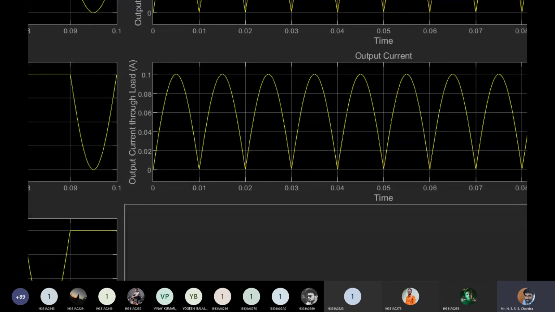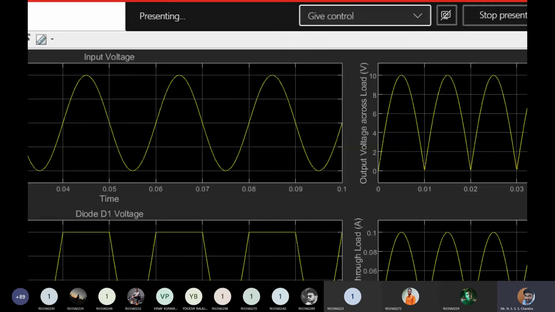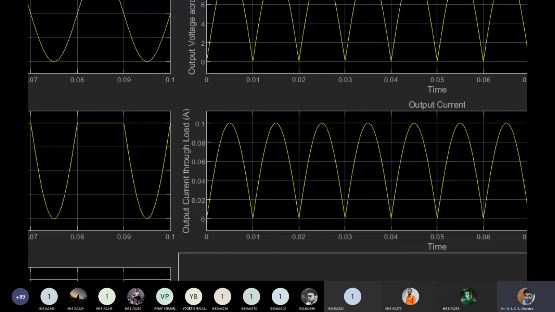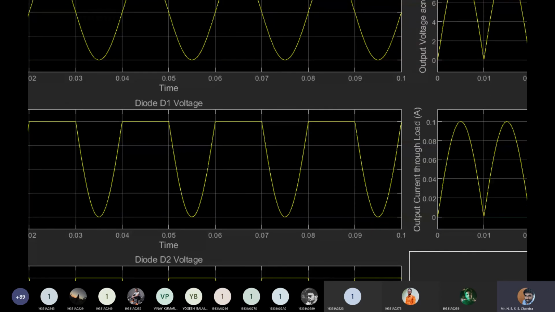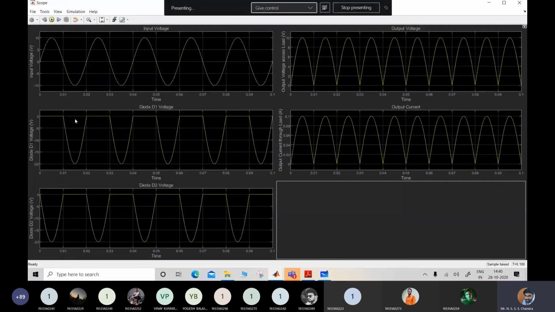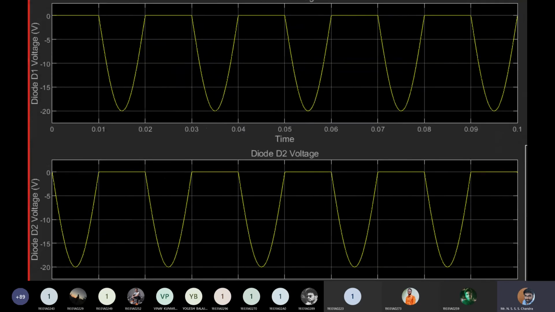Then coming to the analysis part, your input voltage is the same, and your output voltage and output currents are the same. The only major difference in the waveforms is in the diode voltages: you can see that the peak inverse voltage is equal to Vm in a bridge rectifier.